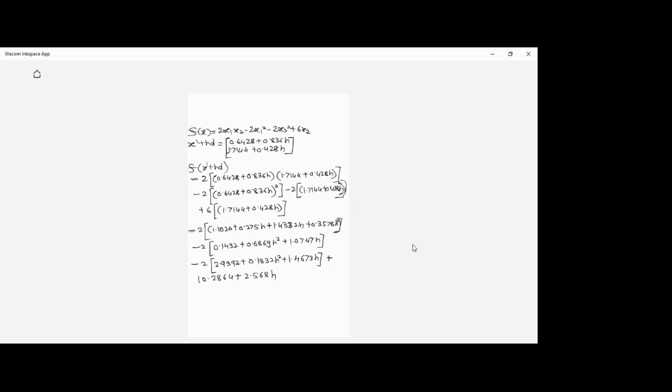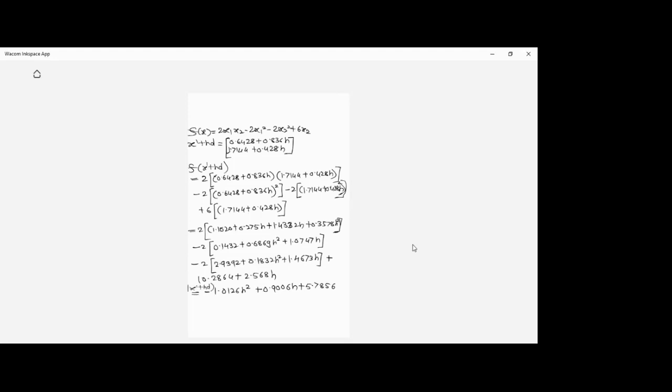So now simplifying all this, what you will be getting lastly is minus 1.0126h square plus 0.9006h plus 5.7856 is the value of f of x dash plus hd.